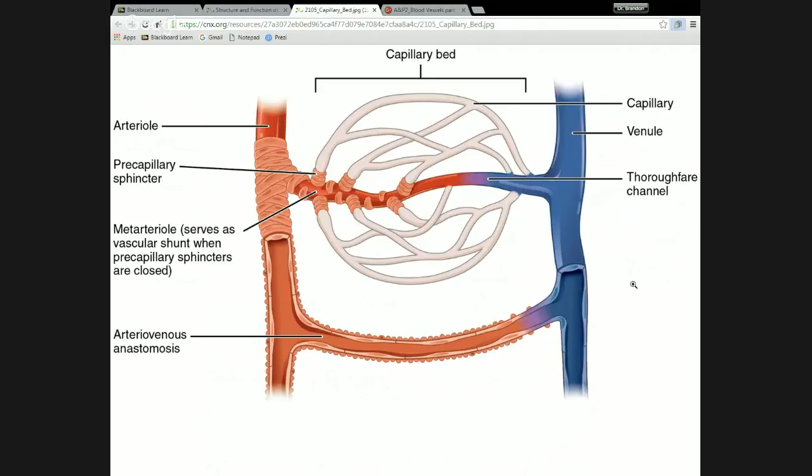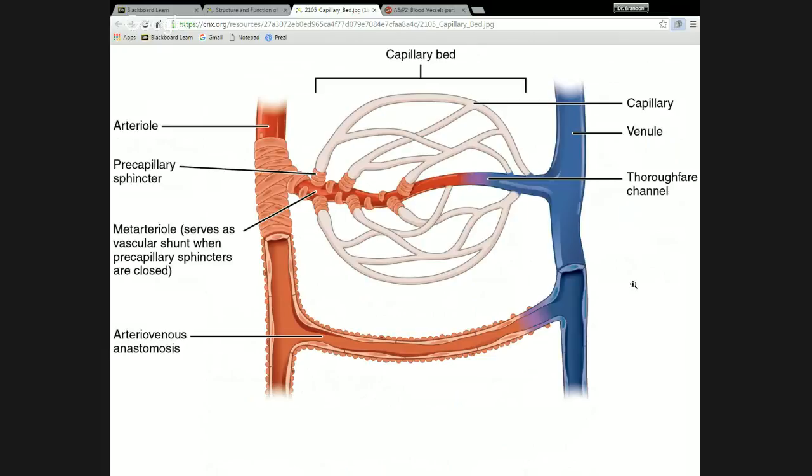This depiction is probably a little bit modest in how many capillaries you'd find in one particular area, but still there's a good bit of branching going on. Capillaries branch off of a vessel called the metarteriole.